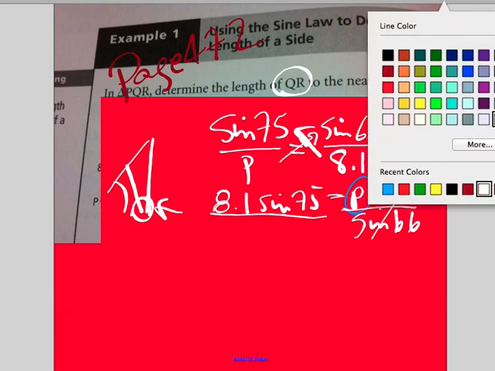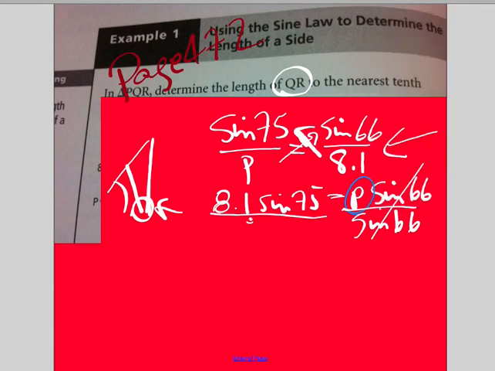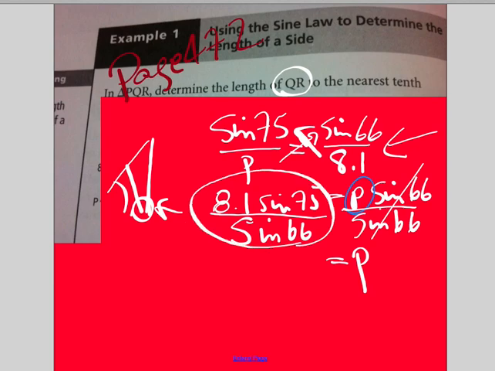Okay, here we go. Sine of 66. All right, so once I have that, I have P over here, and then I pop this into my calculator. So if you've got a graphing calculator or display calculator, what you want to make sure is that you put that in brackets.